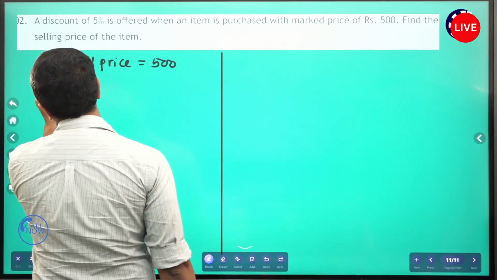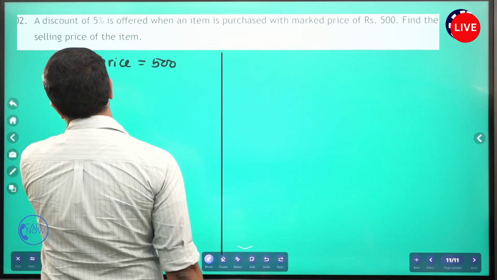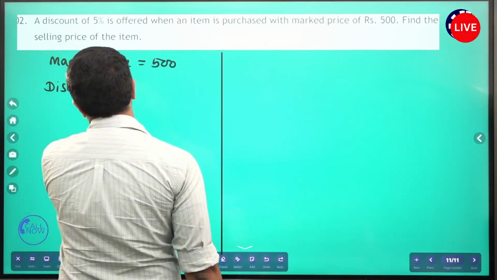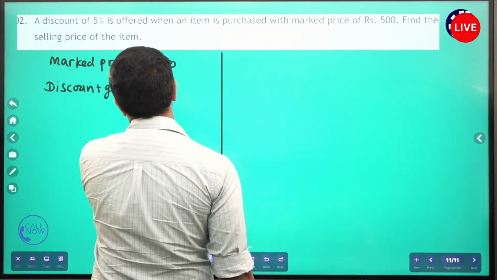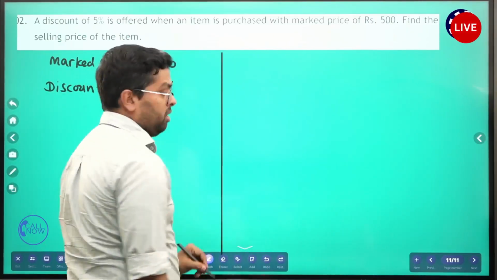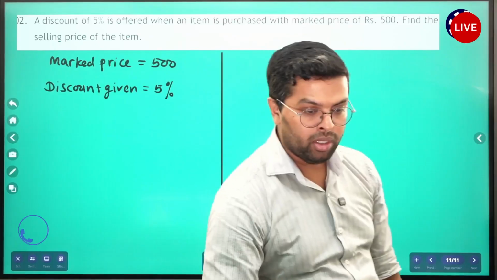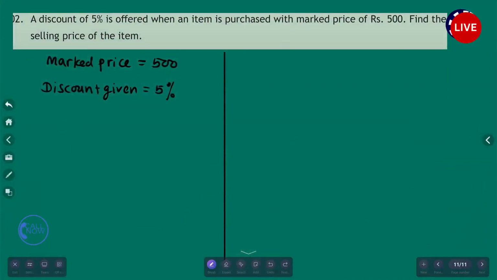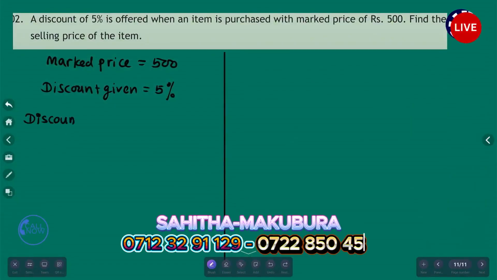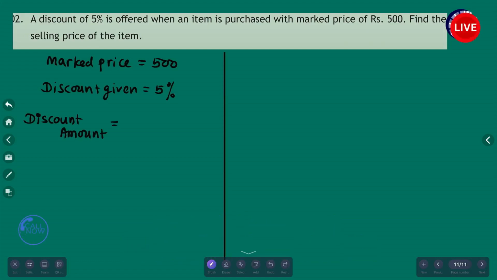Discount given is what? 5%. Shall we find out this discount amount in terms of rupees? How to find out the discount amount?